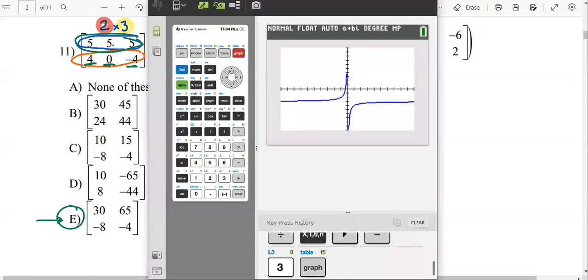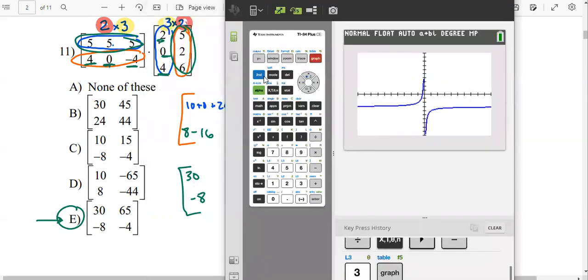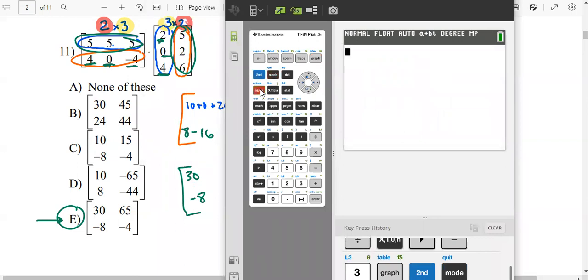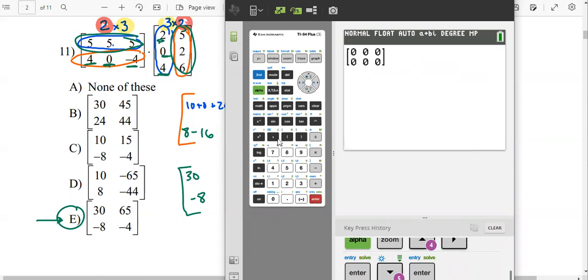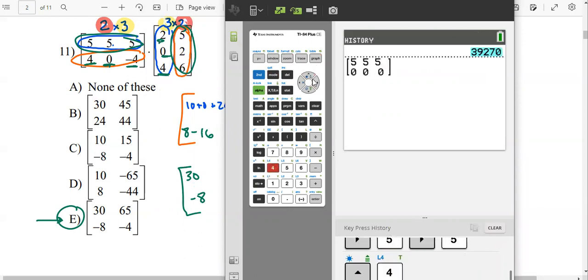Now, there's a lot of knowledge that has to be had there. Your calculator can help you with this if you hit alpha zoom and create some matrices for yourself. So let's do a 2 by 3: 5, 5, 4, -4.